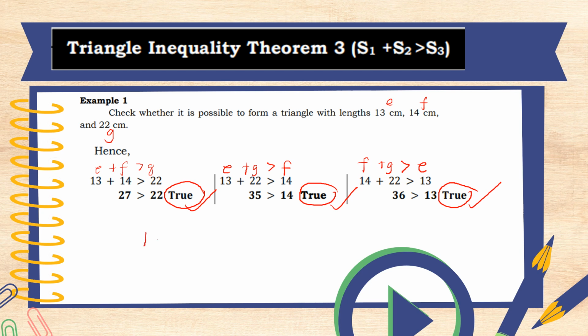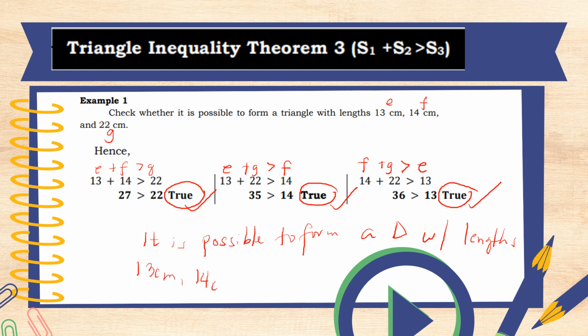Therefore, it is possible to form a triangle with lengths 13 cm, 14 cm, and 22 cm. Take note of the word it is.